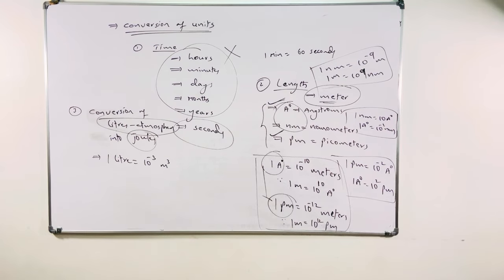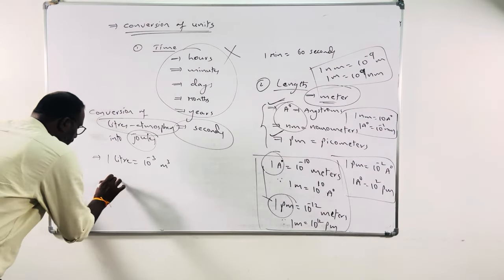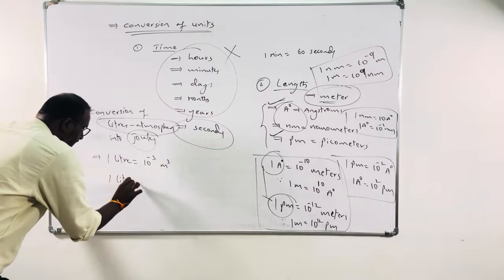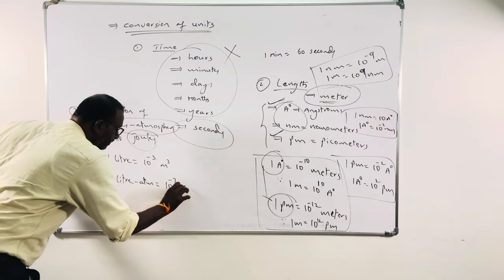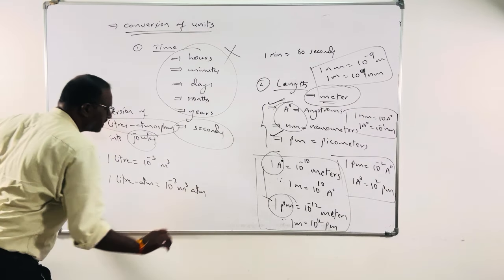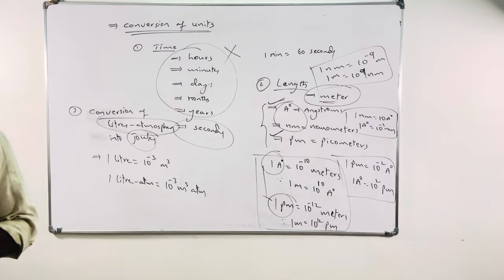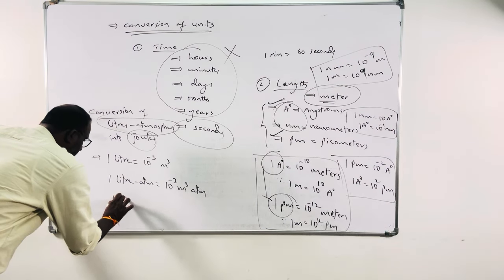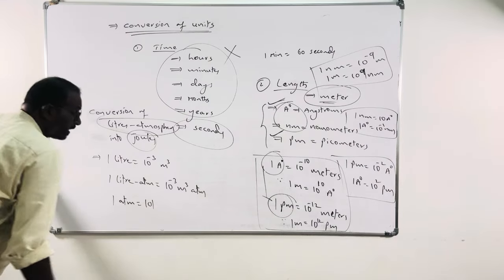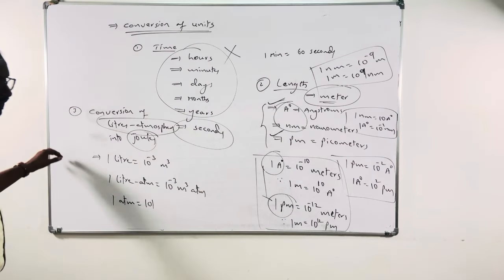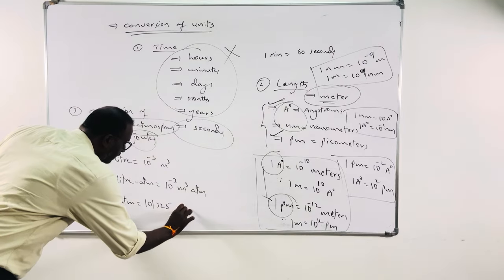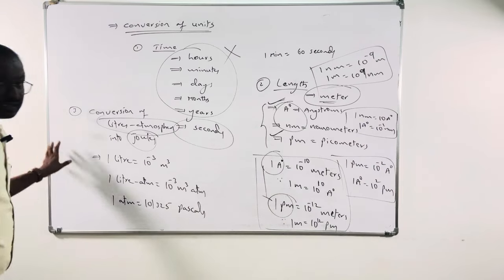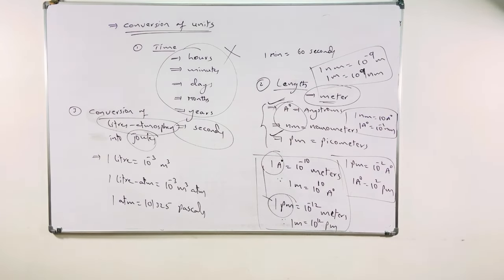And 1 liter atmosphere equals 10 power of minus 3 meter cube atmospheres. Then 1 atmosphere pressure equals 101,325 pascals. Pascals are also units of pressure.